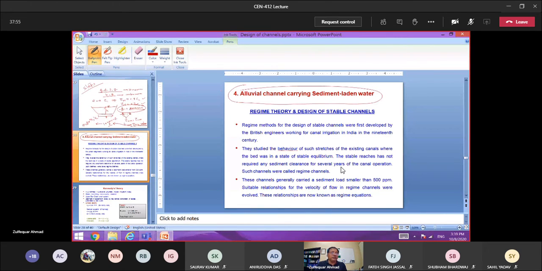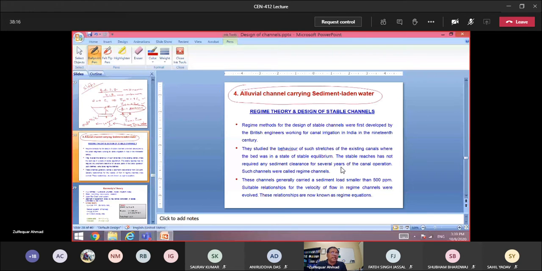Okay, of course it may be that the sediment load is very high or maybe low, right? So in some of the canals there may be the problem of sedimentation, in some of the canals may not be, because the sediment load is less there.